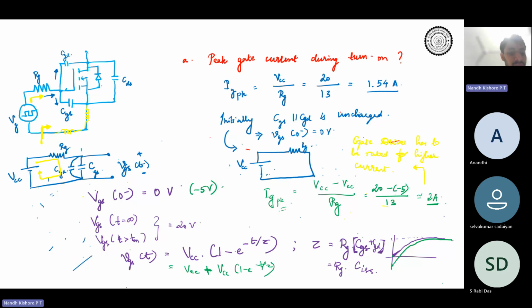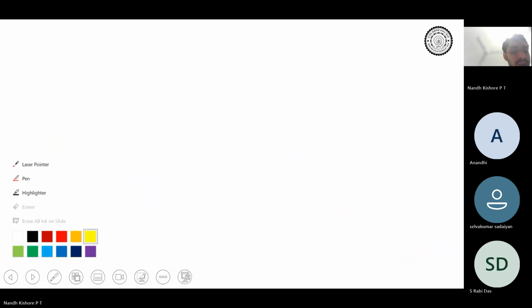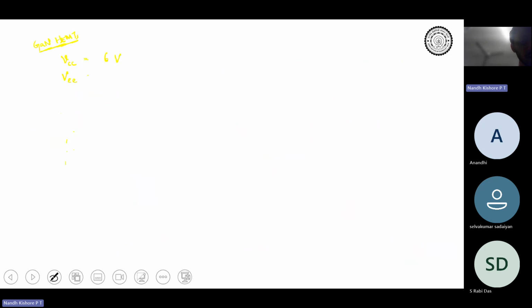Okay. But one advantage with gallium nitride devices, or GaN HEMTs as we call them, is that you would see that VCC is just 6 volts almost, and VEE is generally minus 3 volts.